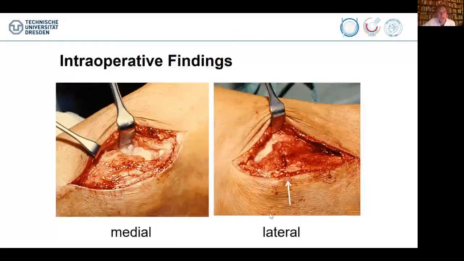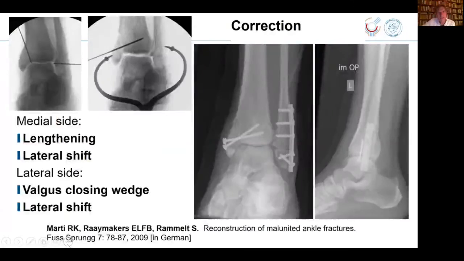And so that was what we saw on the medial side. There was already some wear of the cartilage at the medial talar dome. On the lateral side, we saw that large step-off in the distal fibula. And so the correction osteotomy was exactly at the site of the malunion.